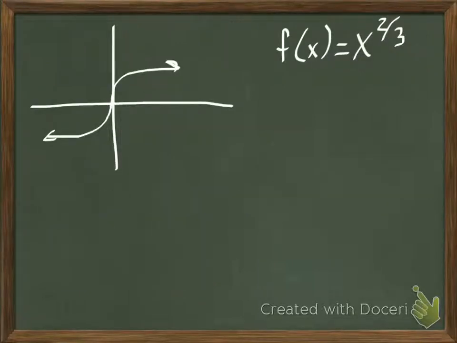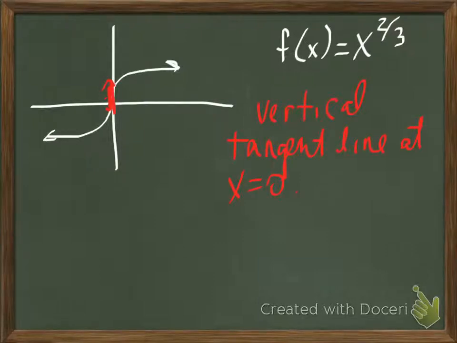Another example, which is useful to see, is the function f of x equals x to the 2/3. So this function, which you may or may not have seen much before, has a vertical tangent line at x equals 0. So right there at x equals 0, the tangent line is vertical. And what does that mean in terms of slopes of lines?